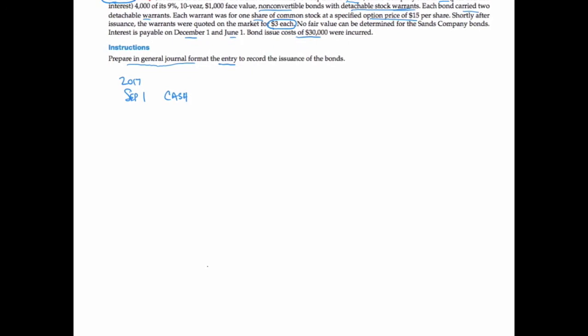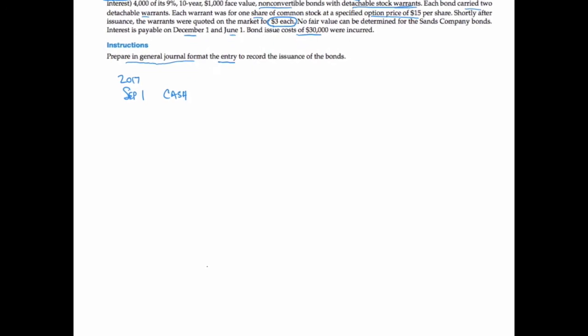Actually, it's going to be the result of the other things, so I'm just going to leave that blank for now. We'll have bonds payable, and we'll put debit and credit here.